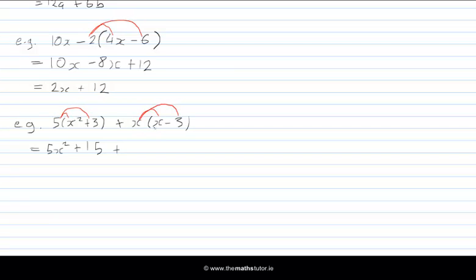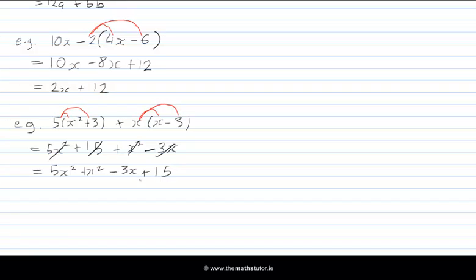Now we have an x times an x, which is x squared, and an x times a minus 3, again don't forget the minus, so we have minus 3x. Now let's just rearrange things so they're a little bit nicer. We have the 5x squared, so cross that off, the plus x squared, the minus 3x, and the plus 15.